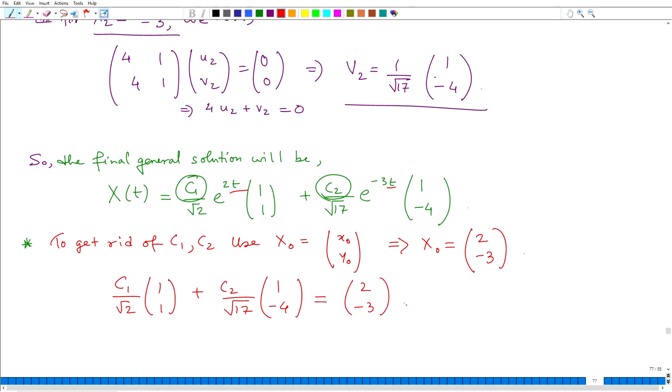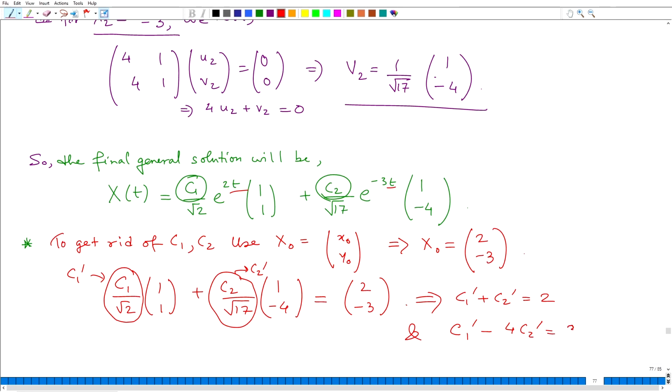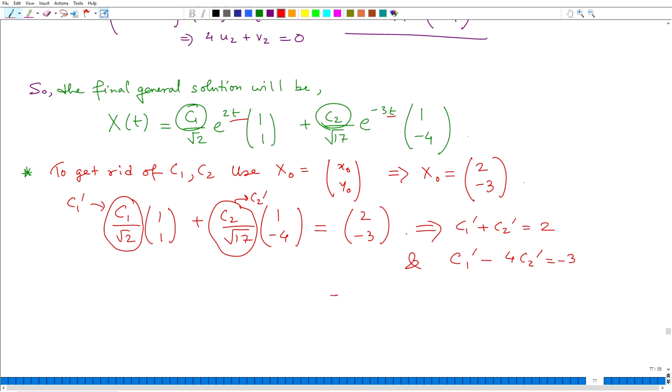Just to simplify, you can define C1 over root 2 as C1 prime and C2 over root 17 as C2 prime. Then one equation is simply C1 prime plus C2 prime equal to 2, and another is C1 prime minus 4 C2 prime is equal to minus 3. With some algebraic manipulation in one line, you can show that C1 prime is equal to C2 prime is equal to 1.